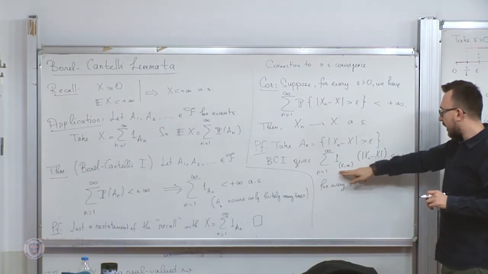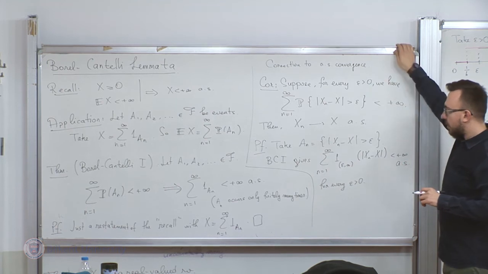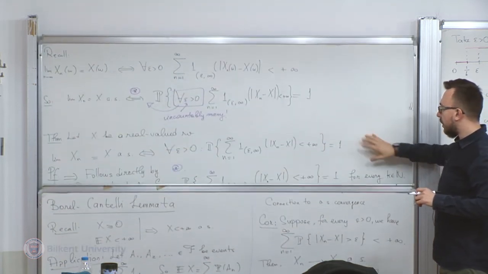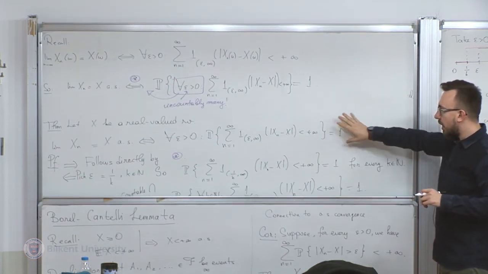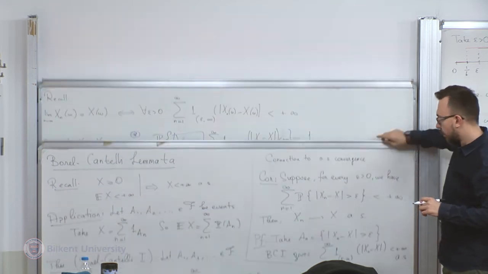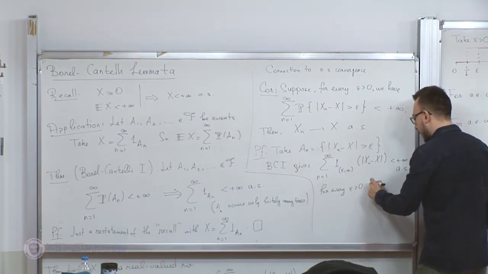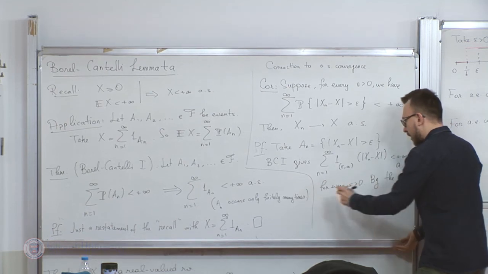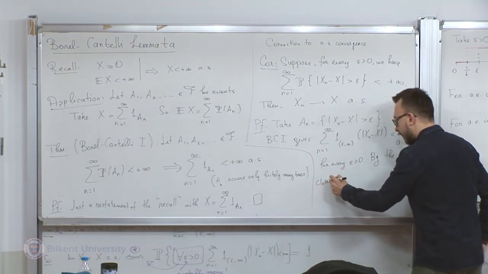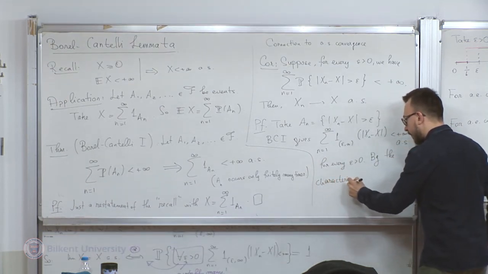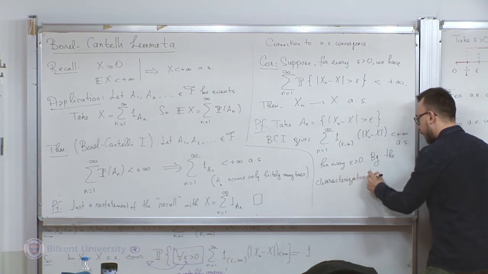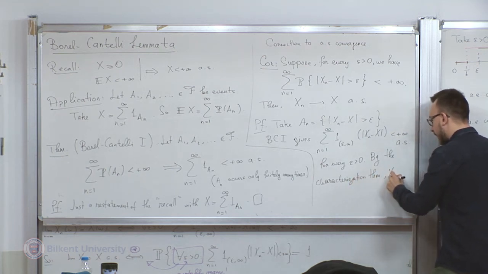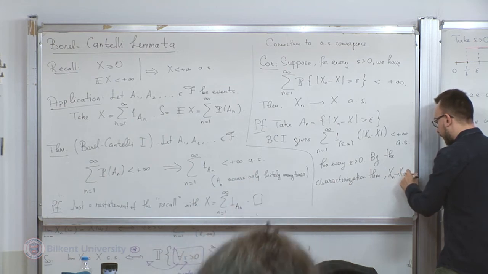It is indeed what Borel-Cantelli gives us. Since this was the characterization of almost sure convergence, we can say X_n goes to X almost surely by the characterization theorem.